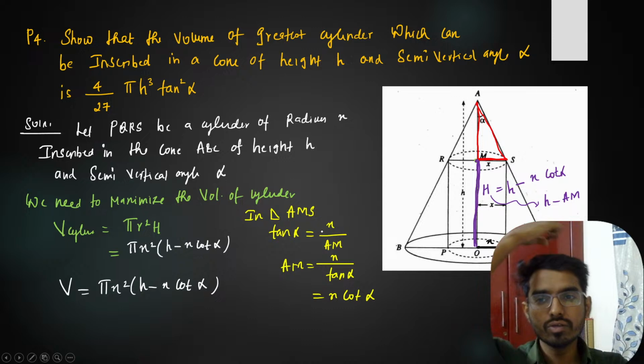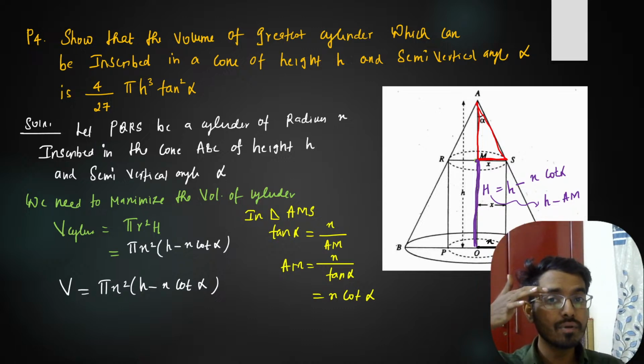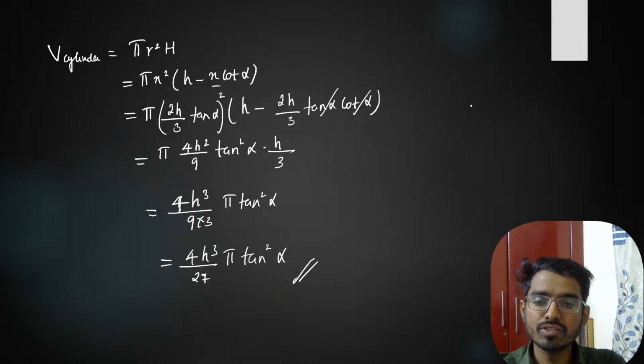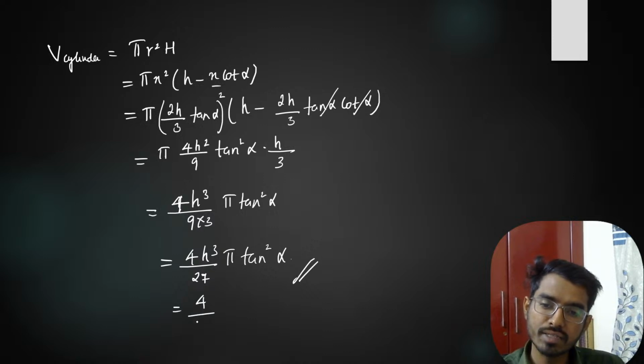So what we have here is we have given you a cone with height h and semi-vertical angle alpha. You need to show that the volume of the greatest cylinder that can be inscribed in this cone is nothing but 4 by 27 pi h cube tan square alpha, right? This is what you need to prove.